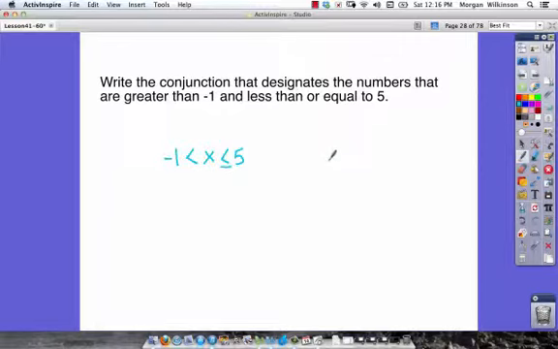And we've got our answer. The key with this part was to look at that greater than -1 and write it as -1 is less than x, so that we can have this all written in one piece. Write it as a compound inequality with two parts. And we've got our final answer.